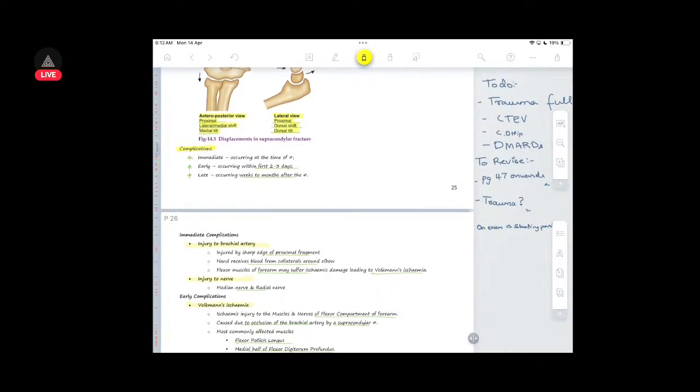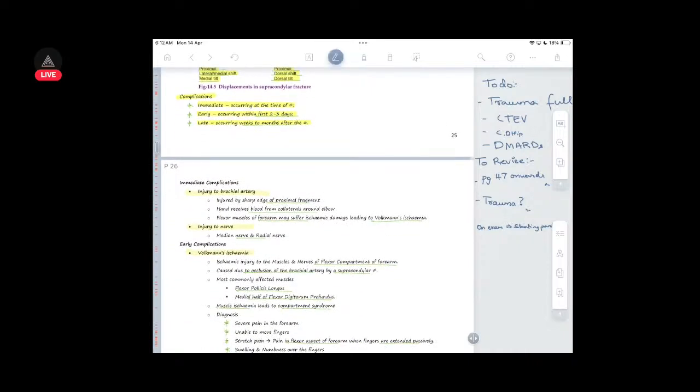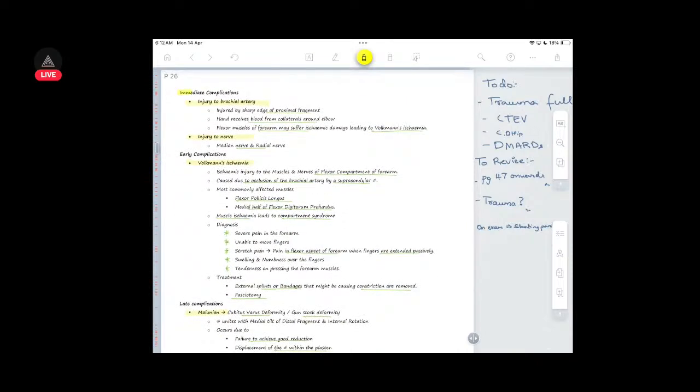Then complications. You have immediate complications which occur at the time of fracture. Early complications occur within the first 2 to 3 days, and late complications occur weeks to months after the fracture.